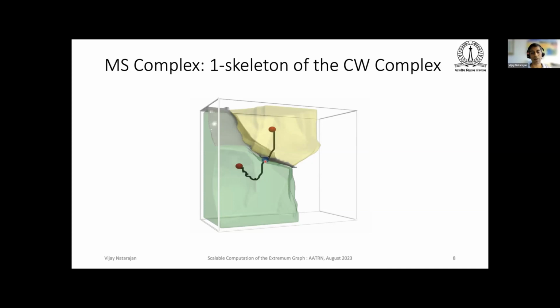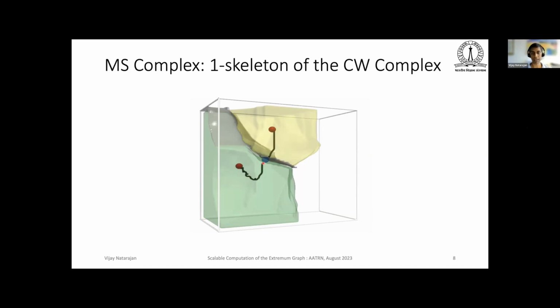So if I compute the Morse complex, more specifically the Morse-Smale complex, I'm not going to talk about the difference between the two in this talk. In this case, we care only about the arcs from the Morse complex that lie between the extrema or the maxima here and the saddles.